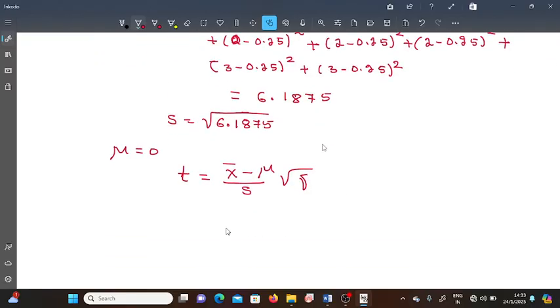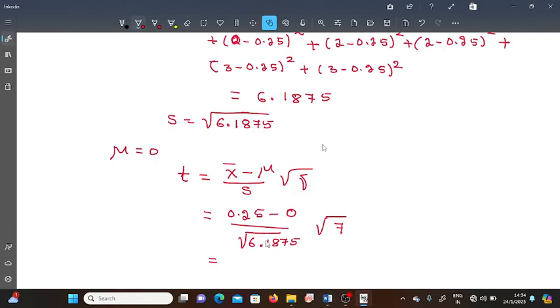If we substitute the values, x bar is 0.25, the population mean is 0, the sample standard deviation is square root of 6.1875 and the degrees of freedom will be 8 minus 1, that is 7.